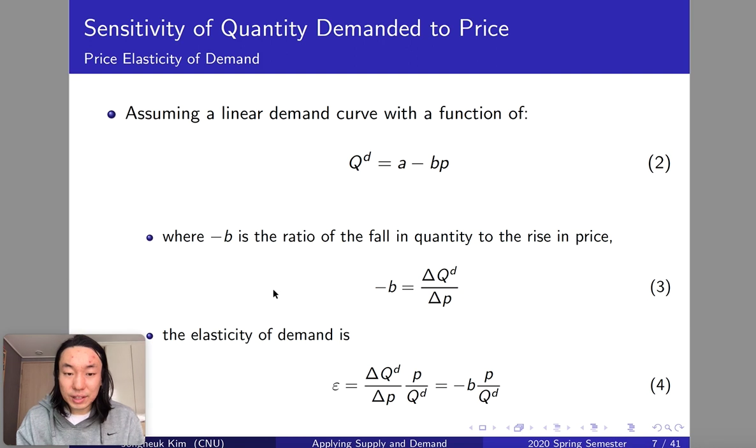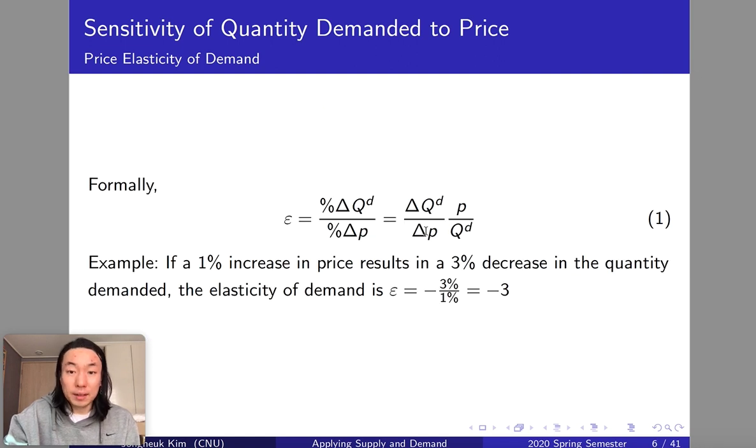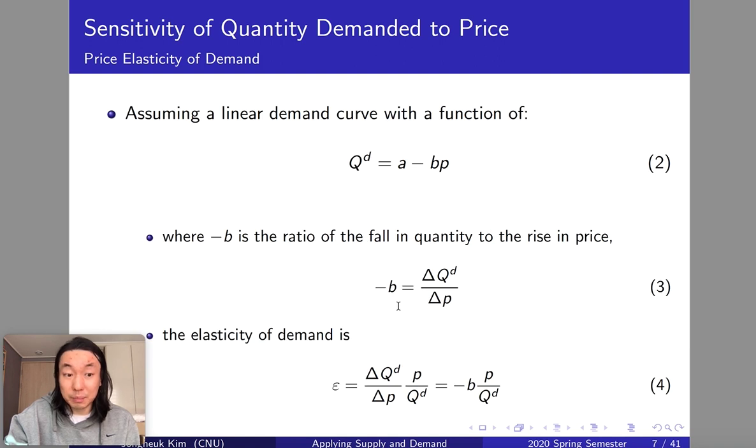So the elasticity of demand is simply expressed by negative B times P over quantity demanded, by using equation 3 and equation 1. The first term of equation 1 could be replaced by negative B. So negative B is here in the first part of equation 4, and the remaining part is the same. So equation 4 is the simpler version of the expression of the price elasticity of demand.